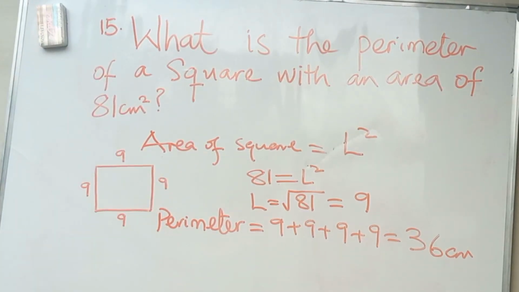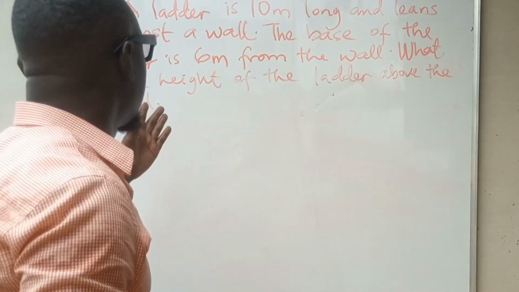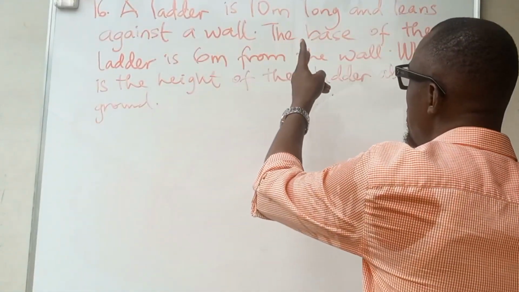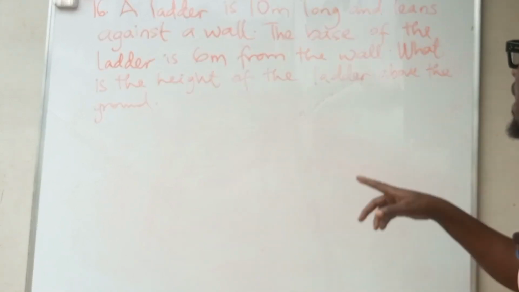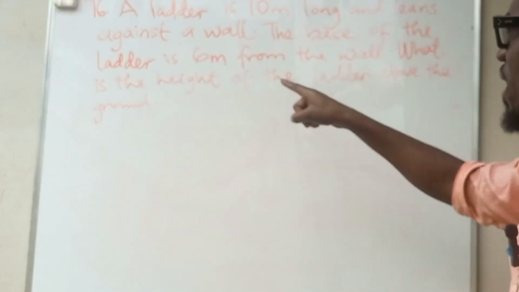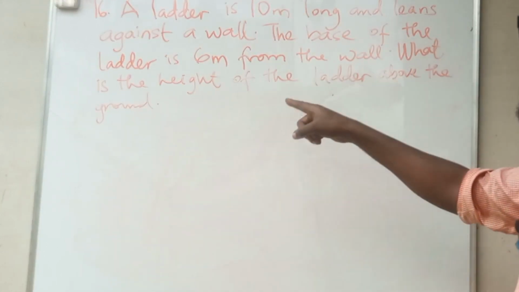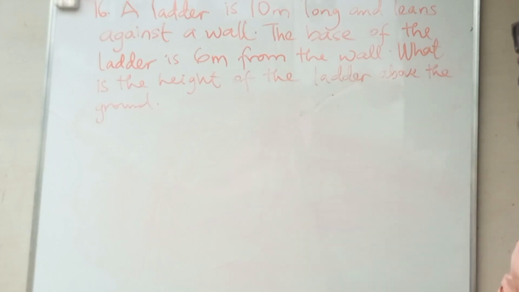That is the answer. Yes, we have another question that says, a ladder is 10-meter long and leans against a wall. The base of the ladder is 6 meters from the wall. What is the height of the ladder above the ground?